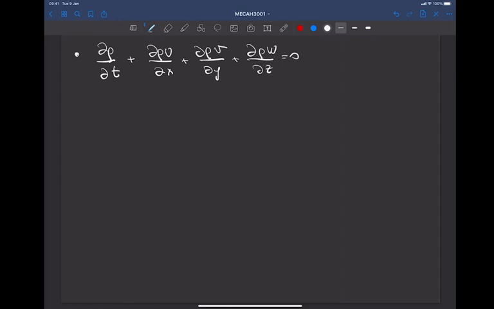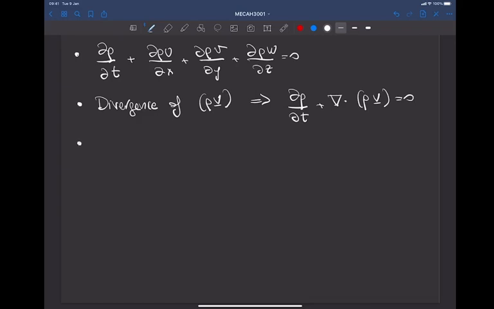By considering the definition of divergence of rho v, we get the formulation partial derivative of rho over dt plus divergence of rho v equals 0.